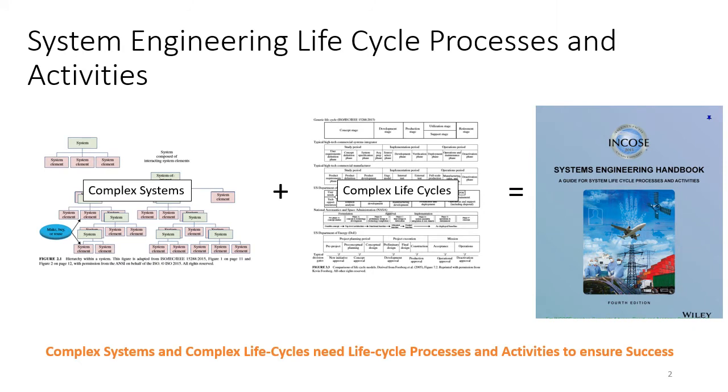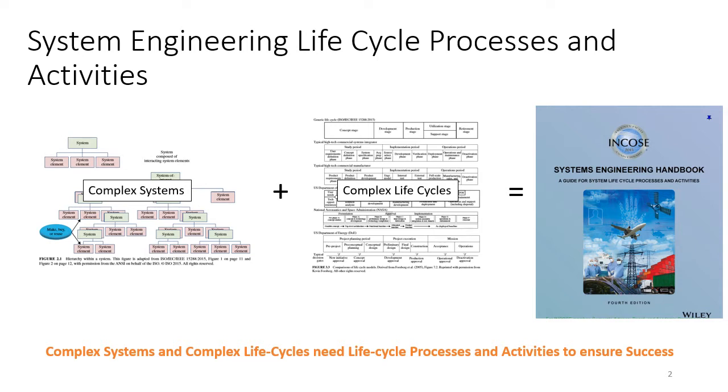For those jumping into the series in the middle, just a little bit of background. We, as system engineers, build complex systems with lots of components and, more importantly, lots of interaction between the components, resulting in complex systems. And we build and deploy and operate those systems in very complex life cycles. So suffice to say, system engineers have their jobs cut out for them.